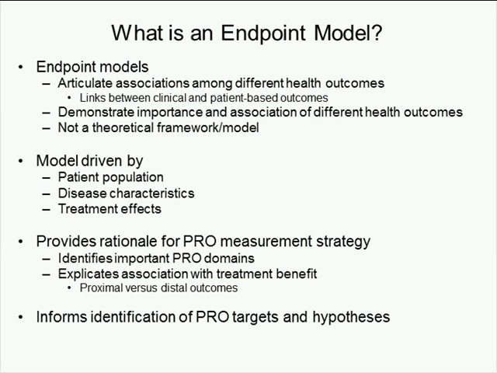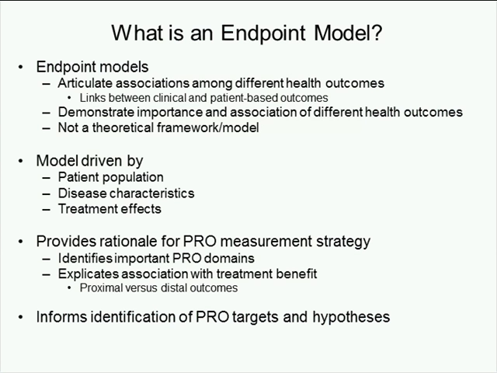A very obvious example would be a pain intervention, an analgesic given for pain. We would expect a benefit to pain. It might also help the patient's fatigue that's associated with pain and may even help their mood because of relief of pain. But the impact on things like fatigue and mood would not be as strong in a predicted endpoint model as the impact of treatment on the pain itself.